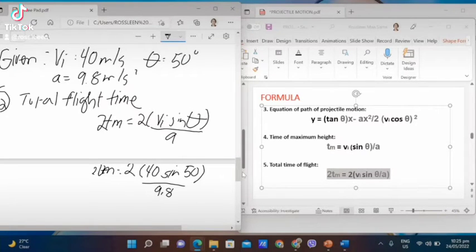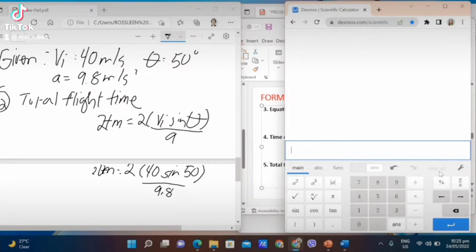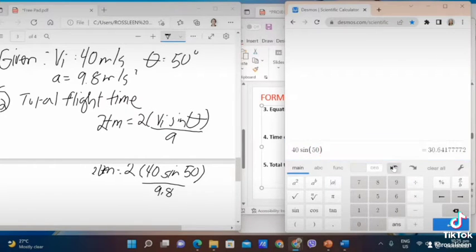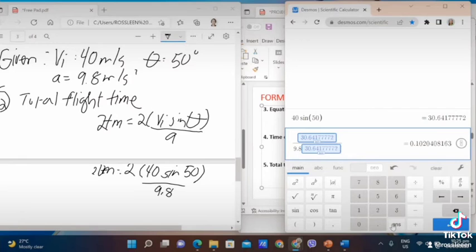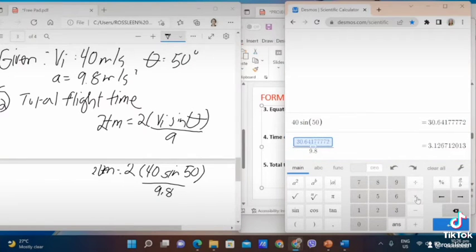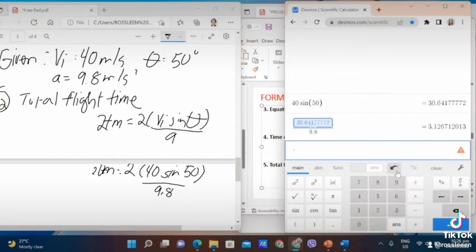Now I have here 2tm equals 2 (Vi sine theta) over acceleration. Substituting the given data there, before multiplying those values inside the parentheses, you have to execute the operation inside the parentheses first, which is 40 sine 50, and then multiply it by 2.